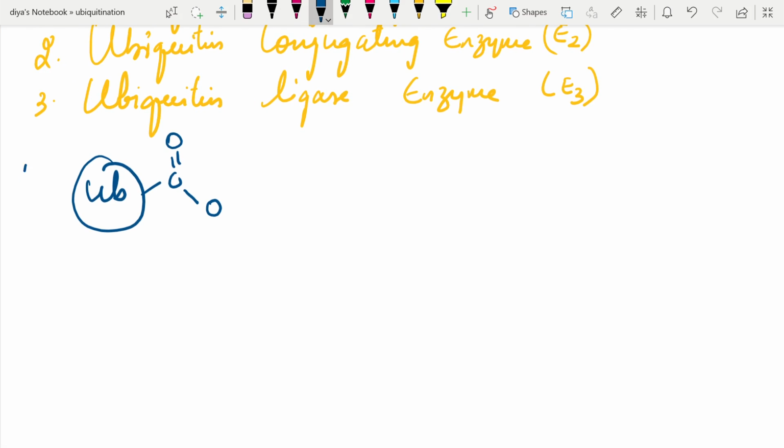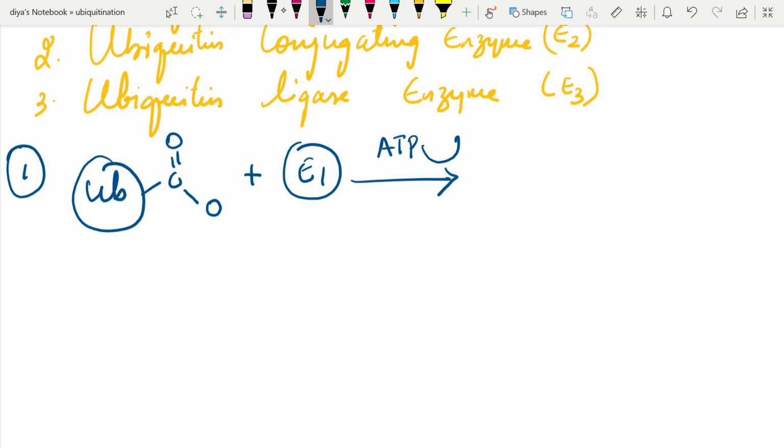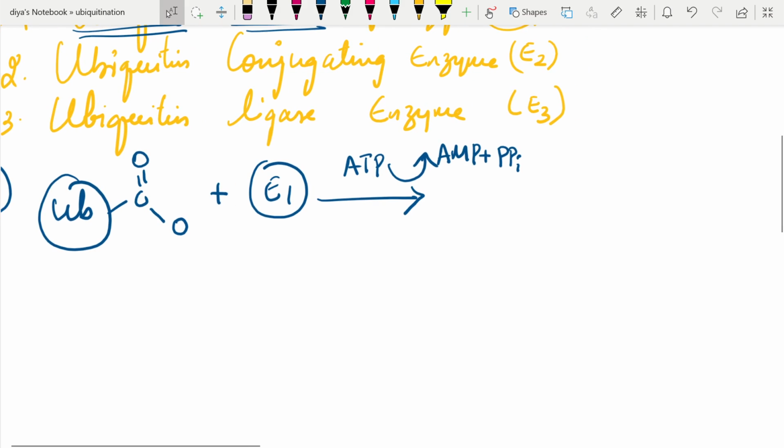This first step involves the use of ATP, and the release of one molecule of AMP and phosphate groups. This forms the E1 and ubiquitin complex.